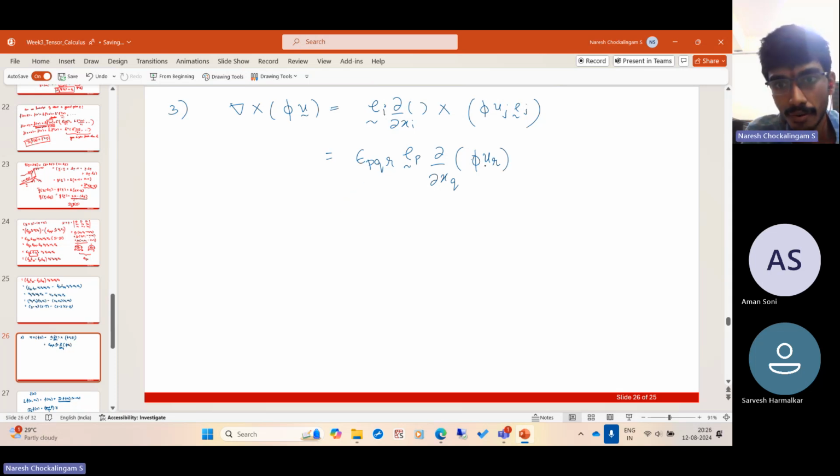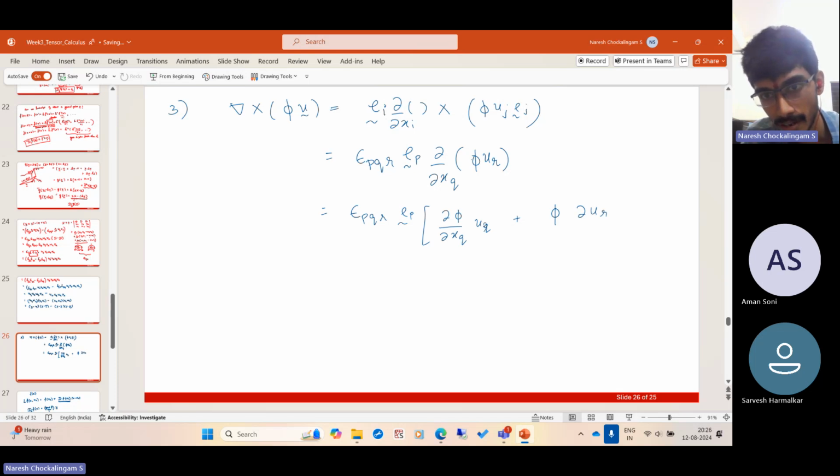Now, so what is this? Here you can use the product rule. So you get epsilon PQR EP, dou phi by dou x cube QQ plus phi dou UR. So this is R dou UR by dou x cube. Now multiply these terms inside.